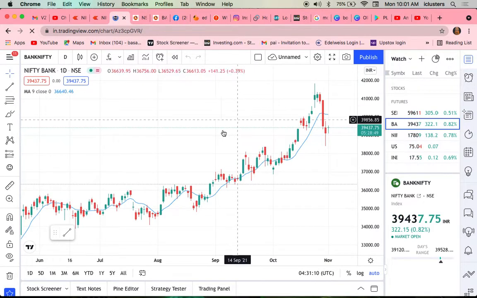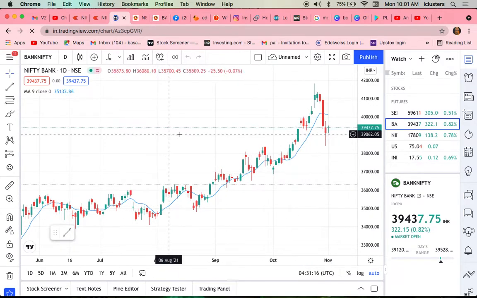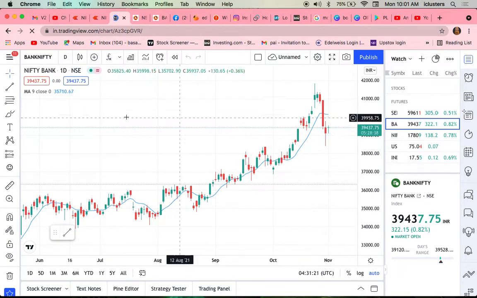That's it friends. See, it has opened now. This is very slow. See, this is the day candle, the day time frame. I am going to draw a trend line again.